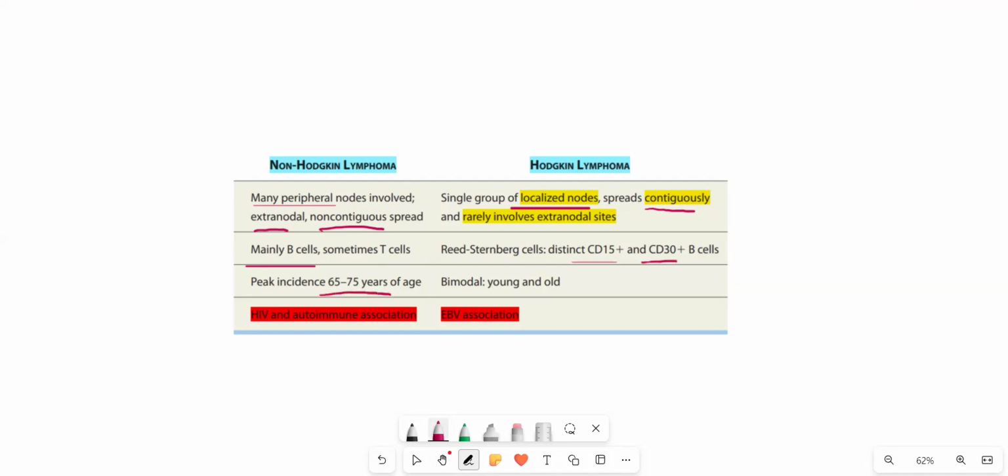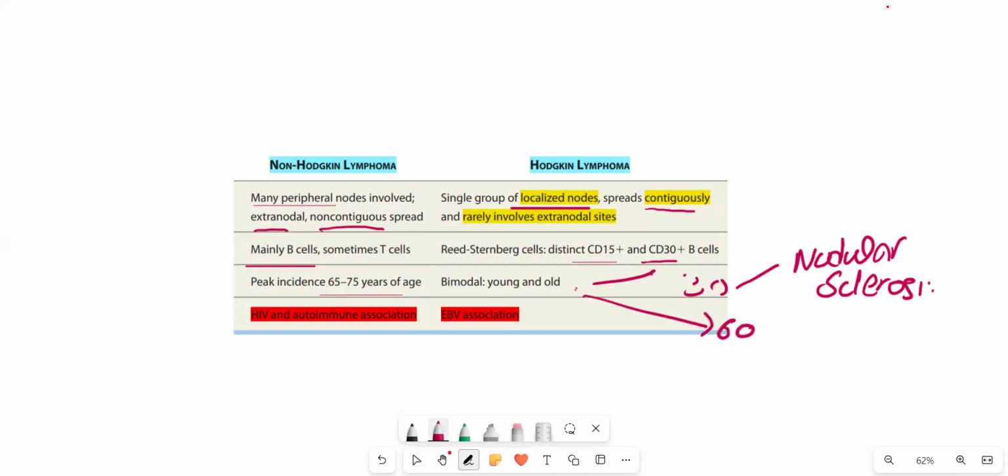The peak incidence of non-Hodgkin lymphoma is 65 to 75 years, while Hodgkin lymphoma has a bimodal presentation. At age 30, it will be the nodular sclerosing type. If the patient is in their 60s, it will be the lymphocyte depleted type.